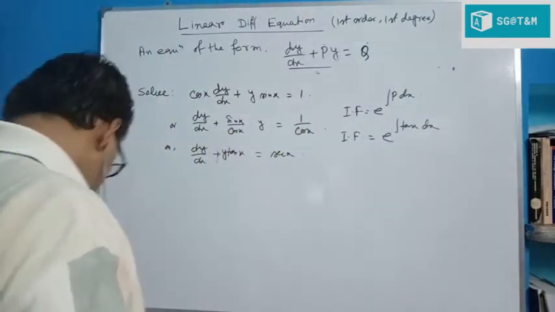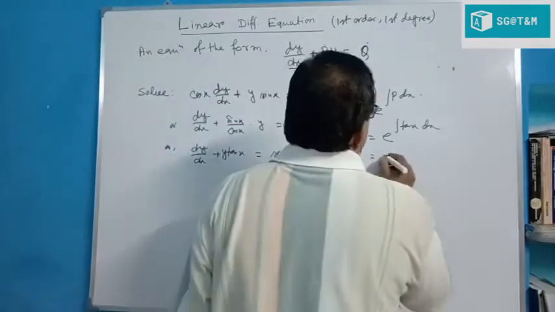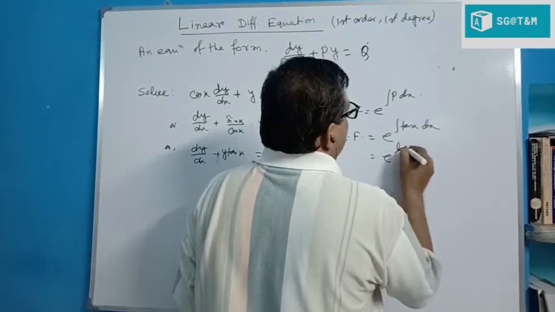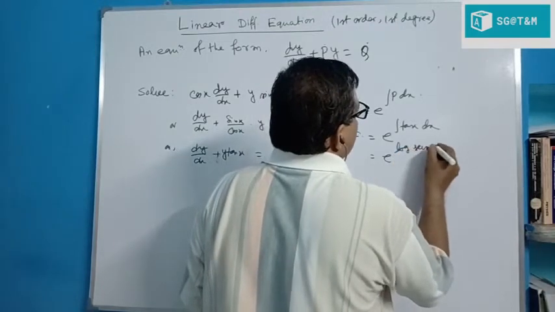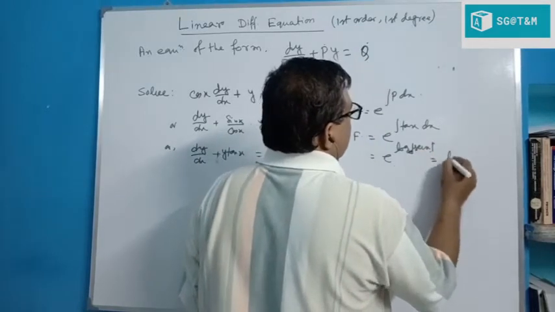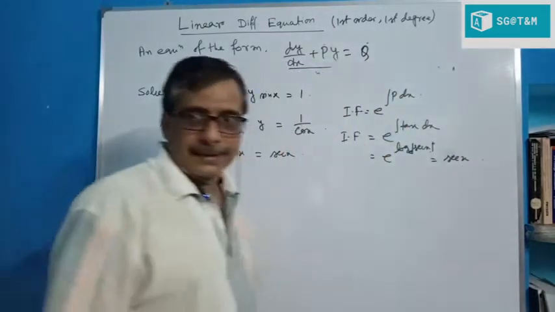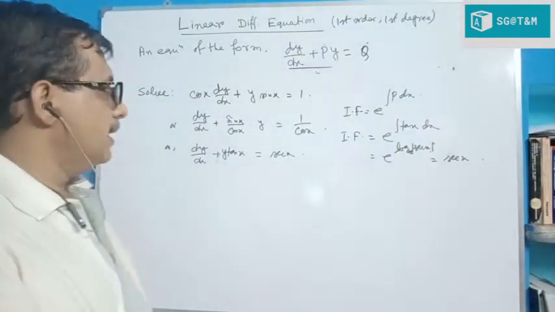Now, the integration of tan x is, in terms of log, log|sec x|. So we get e to the power log of sec x, which is nothing but sec x. So the integrating factor is sec x.